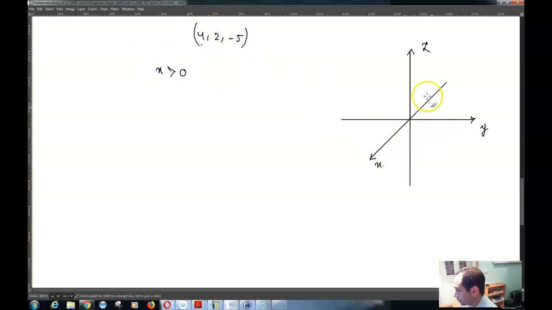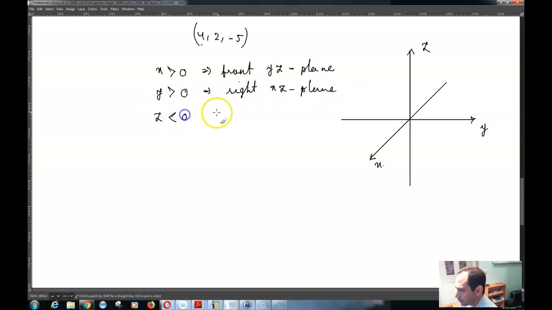That means that you are to the front of the YZ plane. Your y is positive, so you are to the right of the XZ plane, and your z is negative, so that means that you are to the bottom of the XY plane.